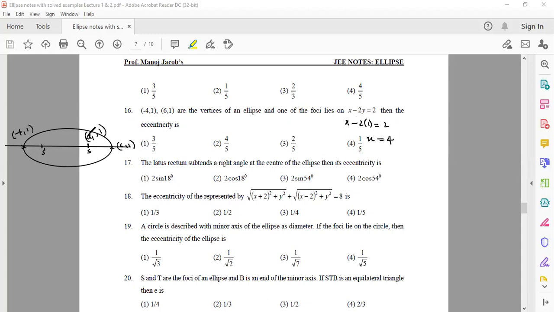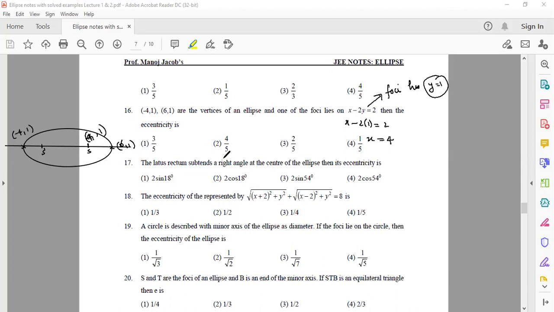So one of the foci is (4,1). You got the point? Because the focus lies on this line and has y coordinate 1, I put y as 1 and got the x coordinate. So one of the foci is (4,1).